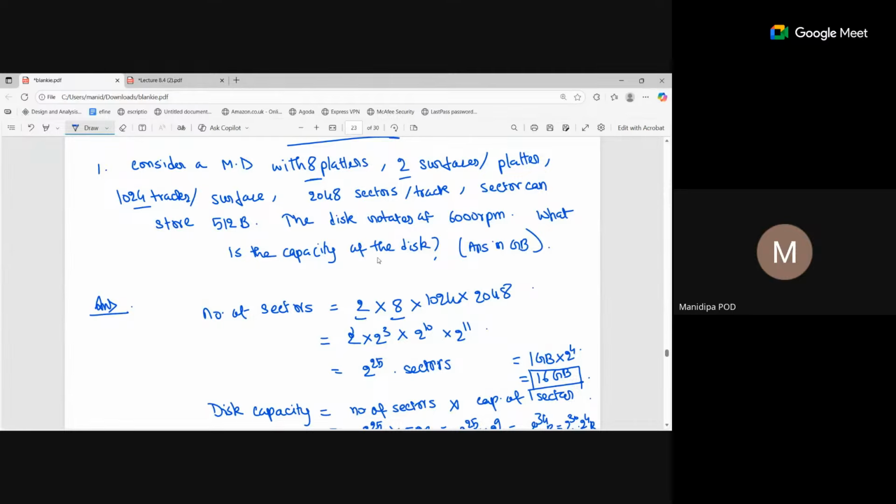So 2 into 8, that is the total number of surfaces. Now 1024 tracks per surface, so total number of surfaces into 1024 is the total number of tracks. Now 2048 sectors per track, so total number of tracks into 2048 is the total number of sectors. Now you just arrange them into powers of 2, so you get 2 power 25 sectors.